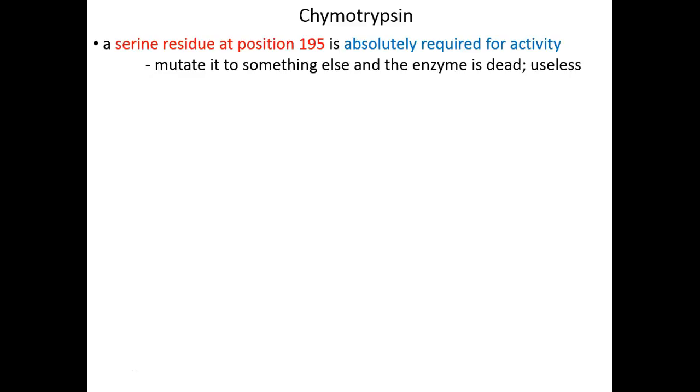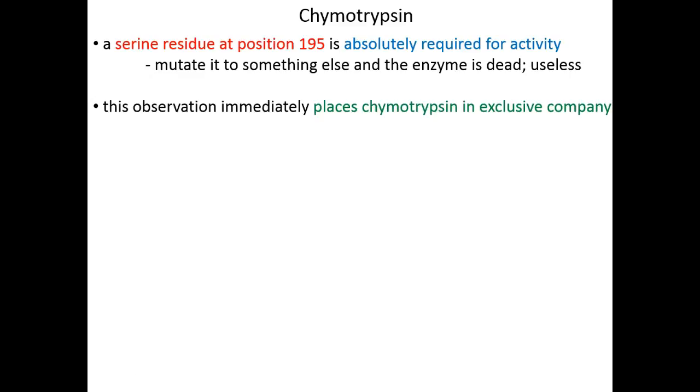And we know that serine 195 is required for chymotrypsin activity because if we go into the DNA sequence of the gene for chymotrypsin and we mutate that serine codon into another amino acid, chymotrypsin can no longer function. It can't cleave peptide bonds. So that serine is critically important for enzymatic activity.